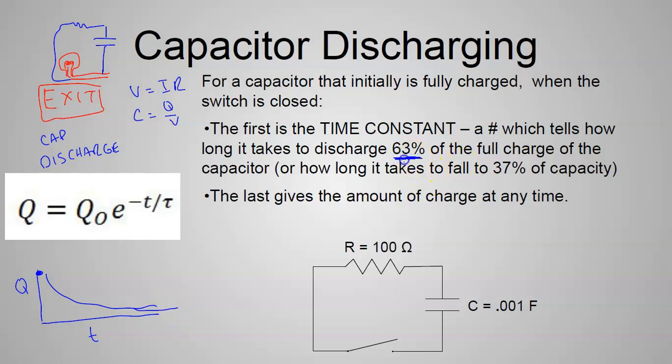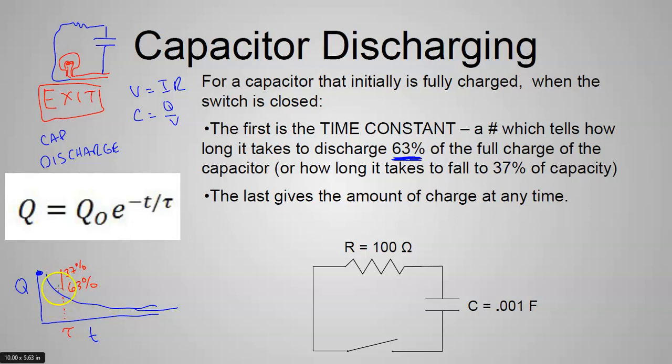So once again, we're looking at that 63%, because that e to the negative exponent there is what's left. Actually, at one time constant, tau, I have 63% left, which is to say that it fell 37%.